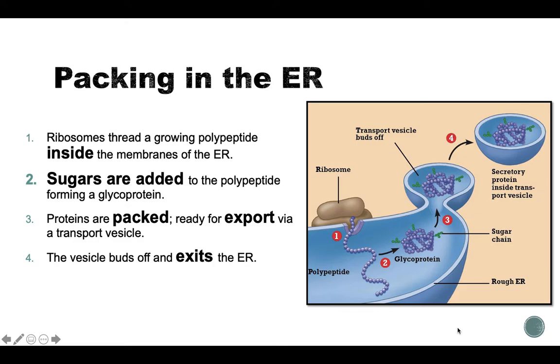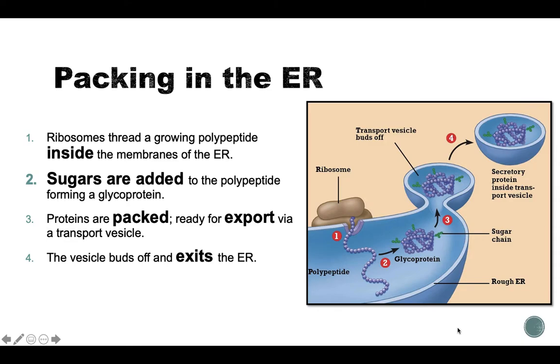Talking about their packaging, I want you to observe this picture here to have an idea of how this packaging actually works in the rough endoplasmic reticulum. So you can see a ribosome creating a protein, creating a polypeptide. And then inside of the ER, it could be customized.